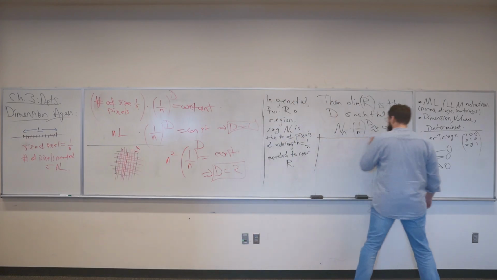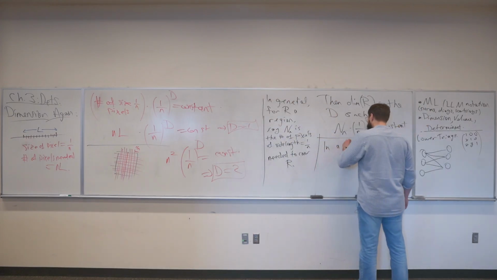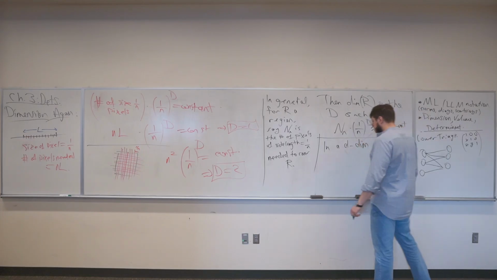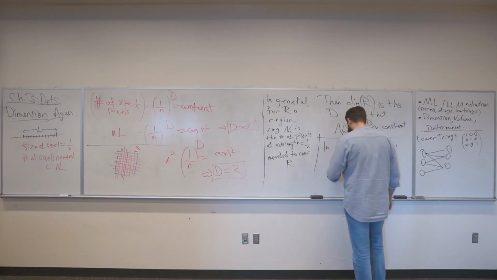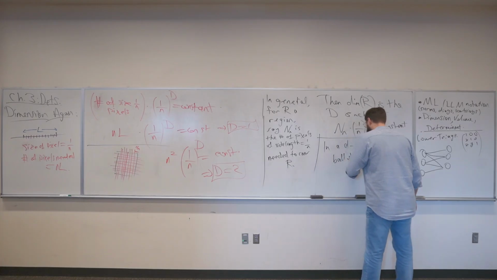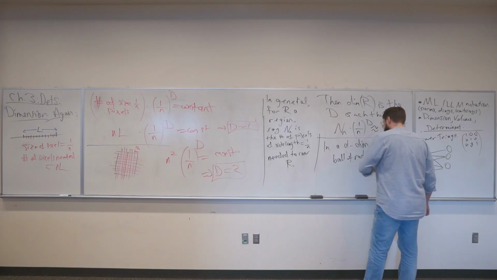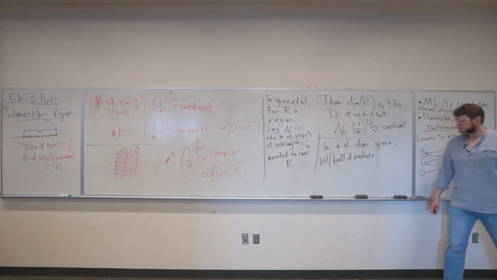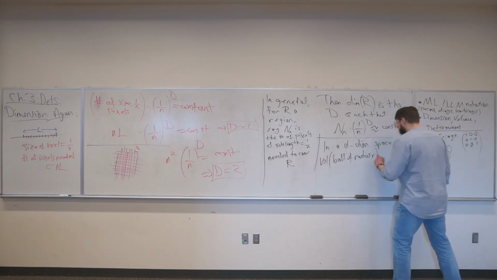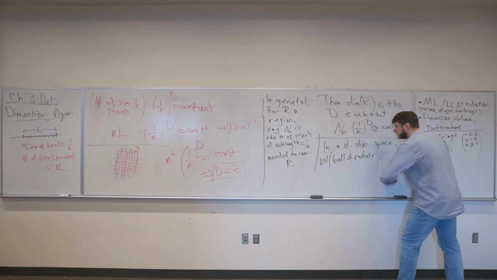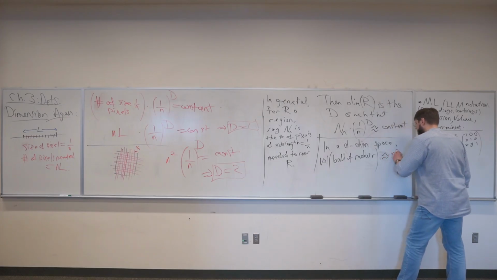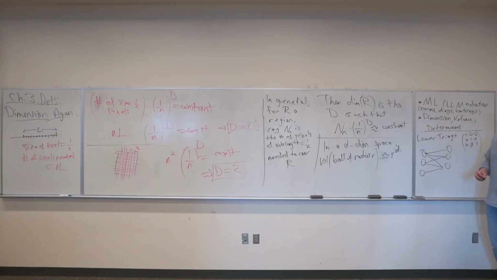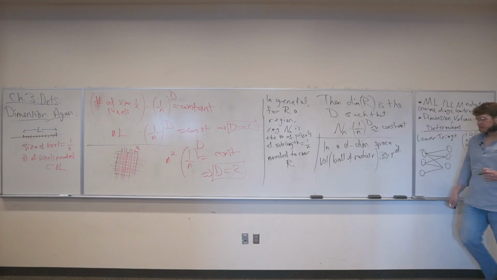Meaning, in a d-dimensional space, say, a ball of radius r has volume that scales approximately like r to the d. This is an important thing.